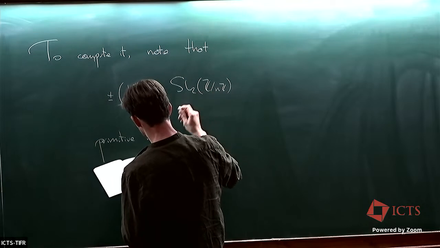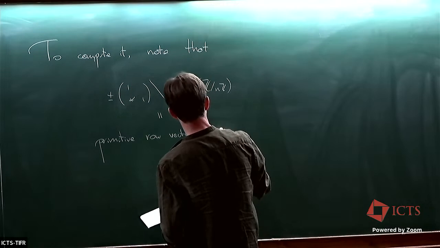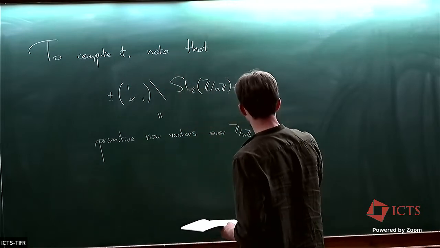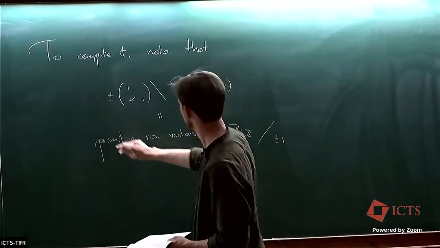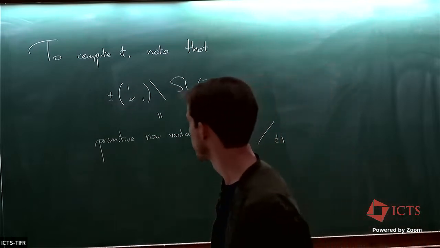So the primitive row vectors with entries in this ring Z mod NZ, modulo plus or minus 1 coming from this modulo. Primitive here means it's of order N. It's a vector of order N, additively.